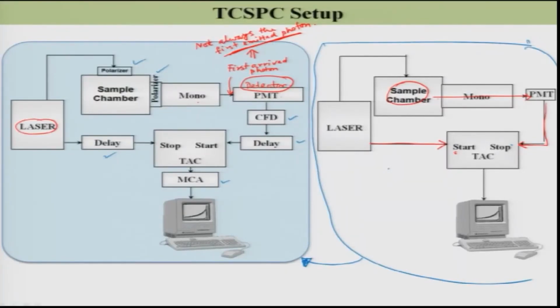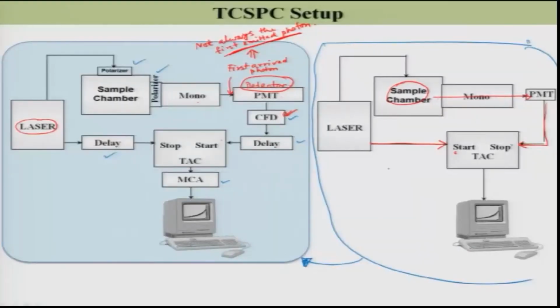Okay, so it is detected, and now the detector has amplitude jitter, which is going to give you time jitter, and that is rectified by the CFD over here, the constant fraction discriminator. The detector also has transit time spread, which obviously you cannot do anything about. You only have to buy a better detector where the transit time spread is small.